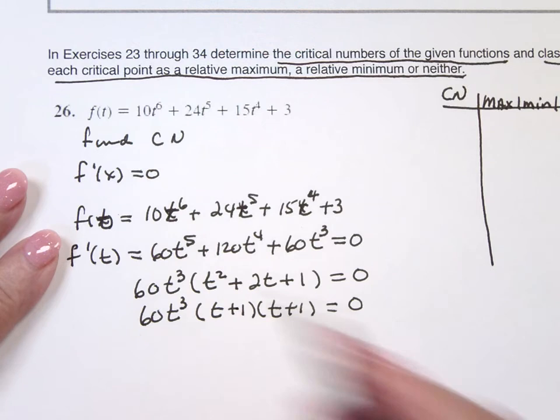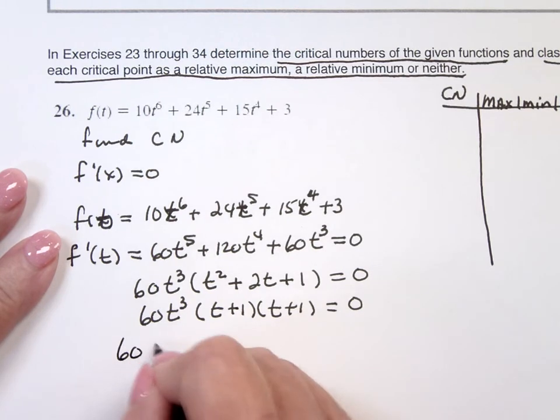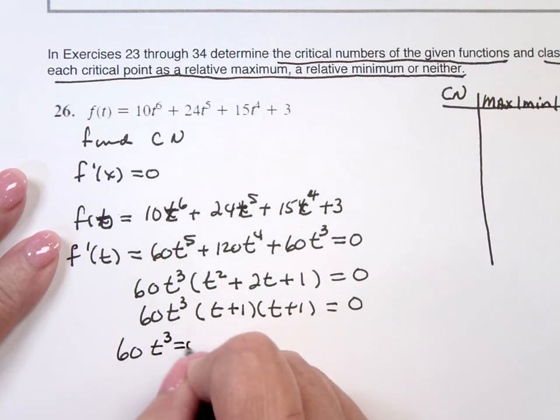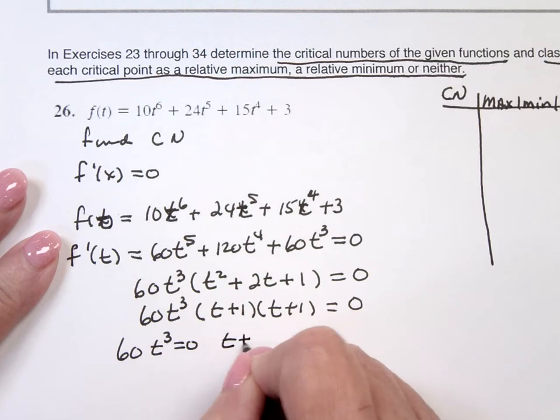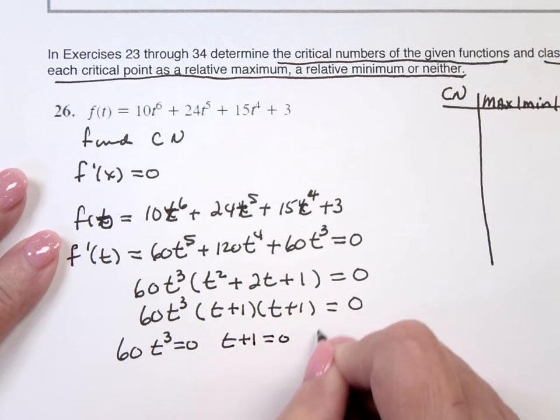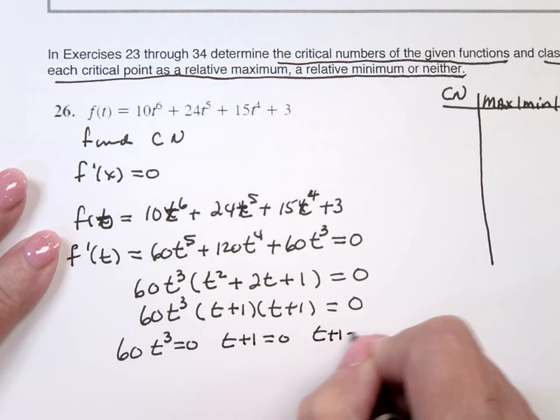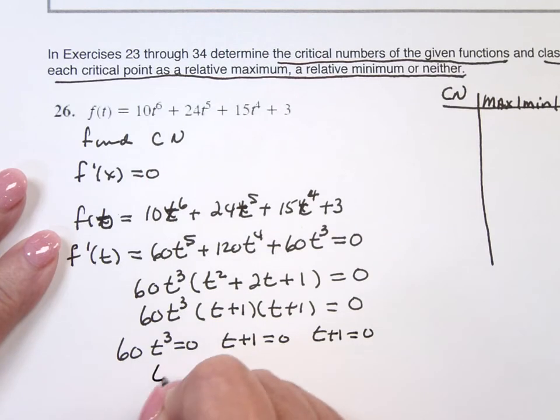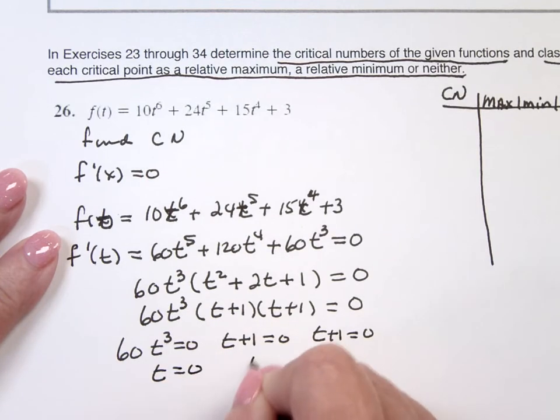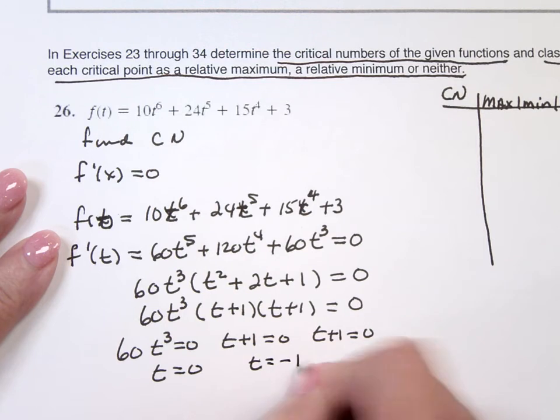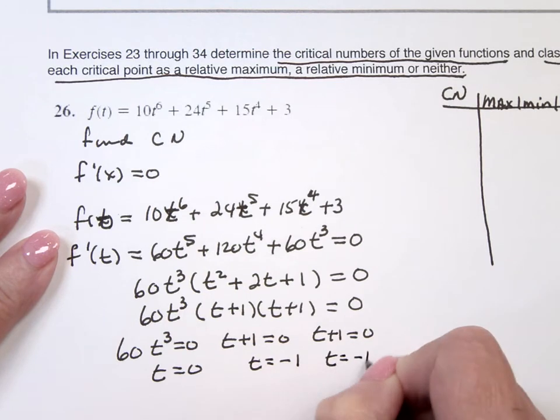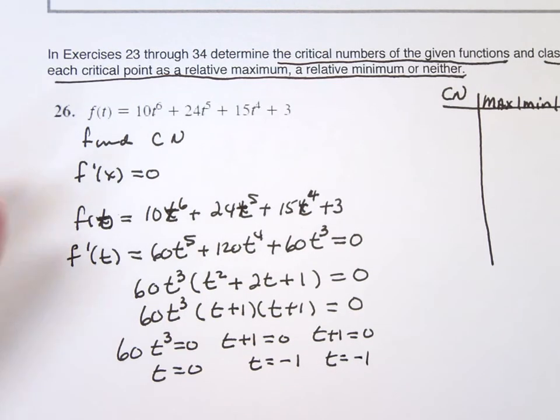My critical numbers: 60t cubed equals 0, t plus 1 equals 0, t plus 1 equals 0. T is 0, t is negative 1, t is negative 1. But I only write negative 1 once, even though it appears twice.